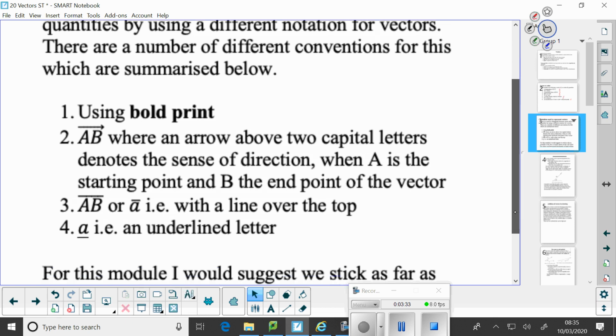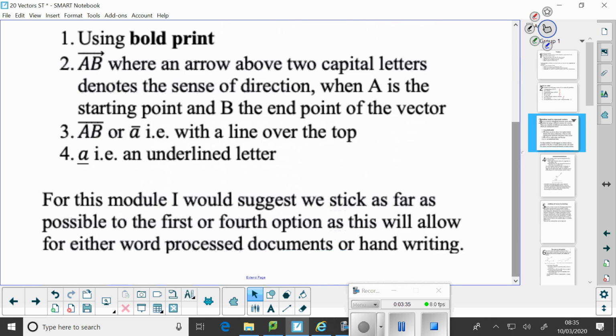Now, for the benefit of what we're going to do, I would suggest that we stick as far as possible with the first or the fourth option. If you're typing your work up, it's quite easy to make it bold. It's also reasonably easy to underline, and you can underline in handwritten work as well. You should be distinguishing in your work what are vector quantities and what are scalar quantities with one of those two methods.